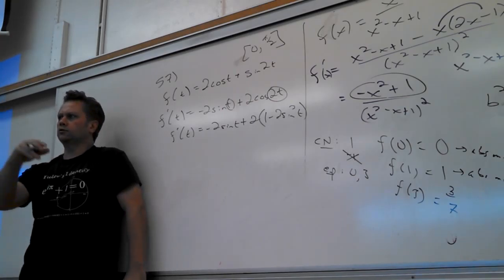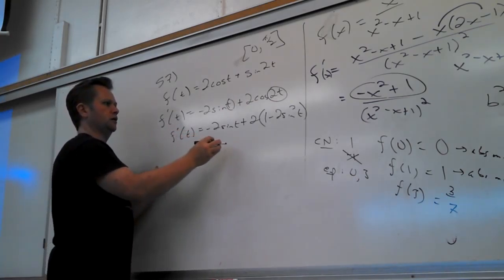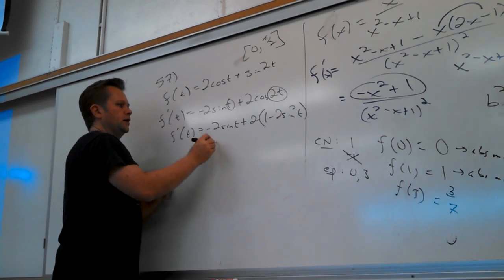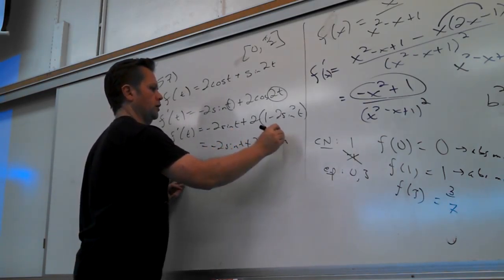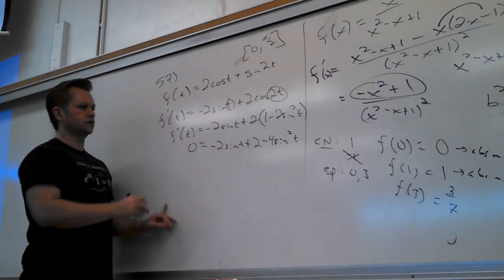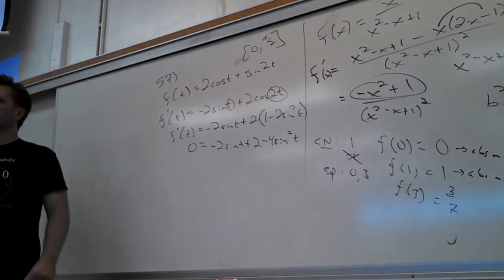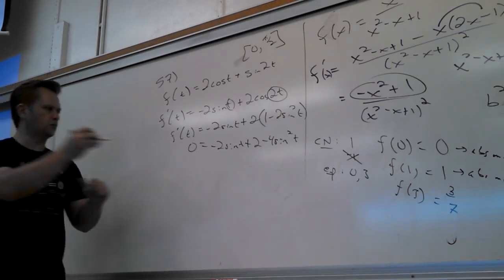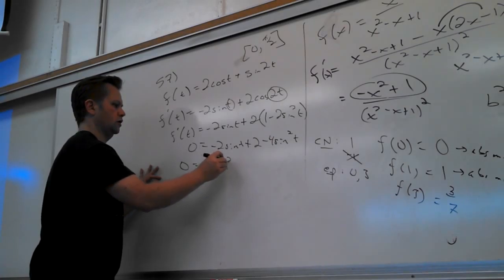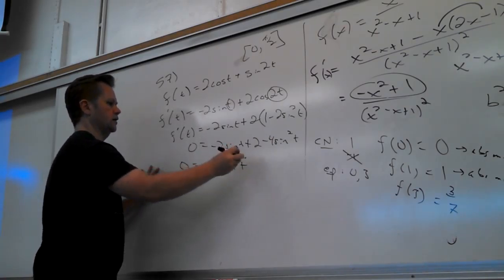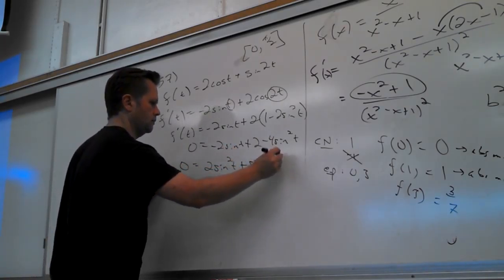And then you distribute the 2. So let's see what we think here. We got negative 2 sine t plus 2 minus 4 sine squared t. And I want to set that equal to 0. So I can divide everything by negative 2, for example. So I get 2 sine squared plus sine t minus 1.